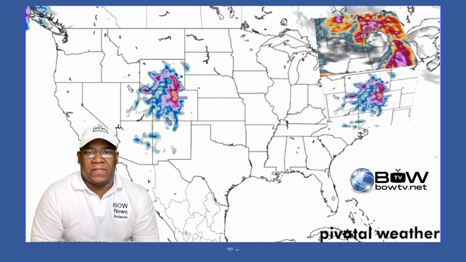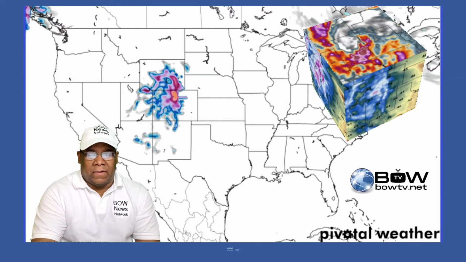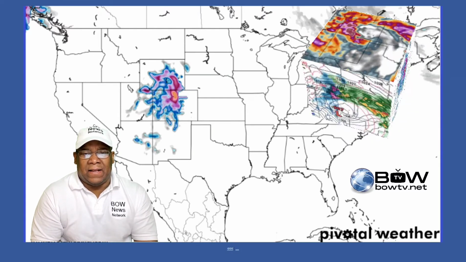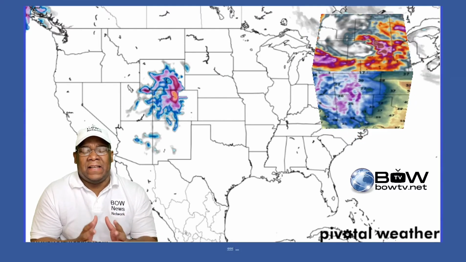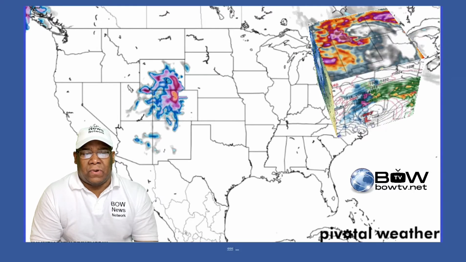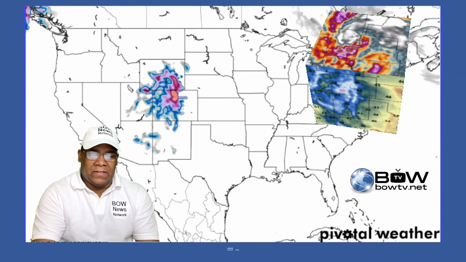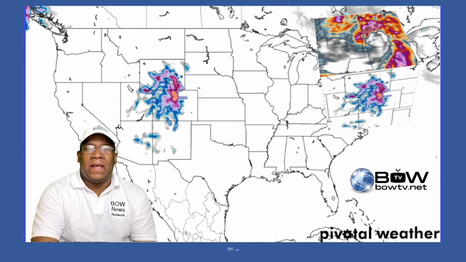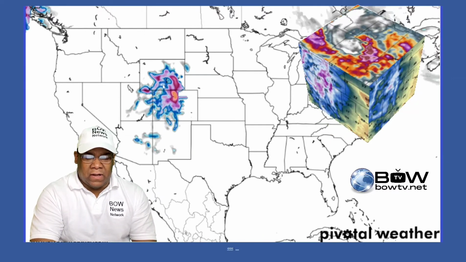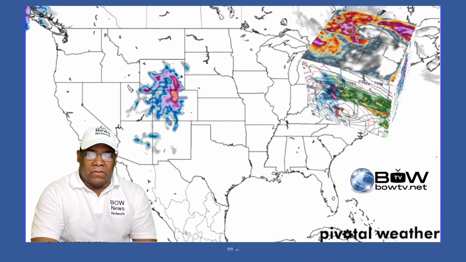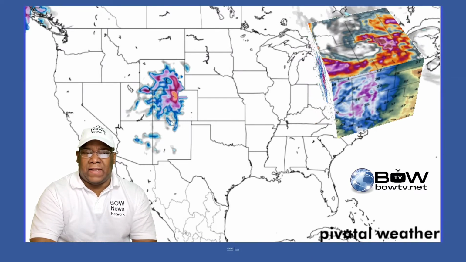So we wanted to present this to give you an idea of the intensity of this snowstorm that is going to be really having a grip on the states of Colorado and Wyoming within the next few hours, along with Utah and also northern cities of New Mexico.